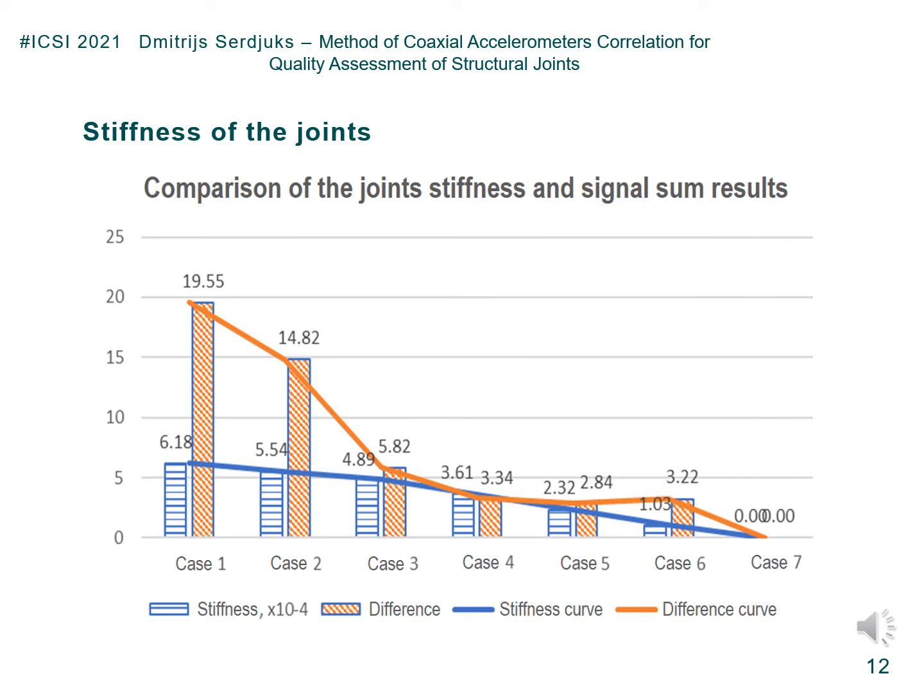The stiffness of the considered joint for its 7 cases was analyzed by Eurocode and shown by the blue line of the graph. It was shown that the stiffness for the considered cases decreases linearly, but the peak values of the signal sum change non-linearly. This line is shown in orange.